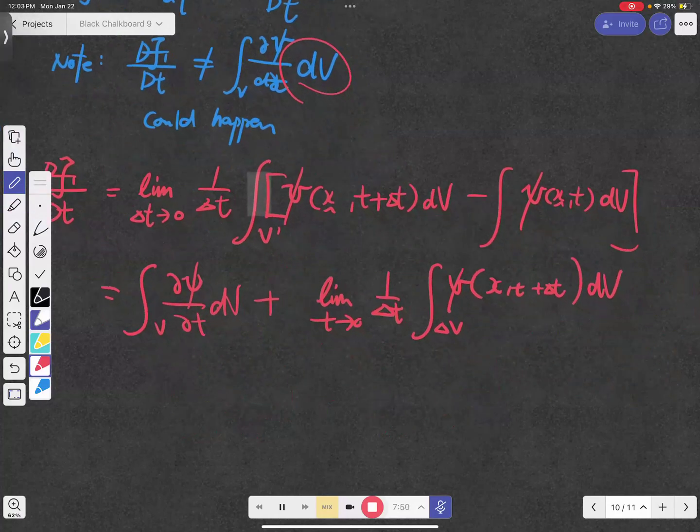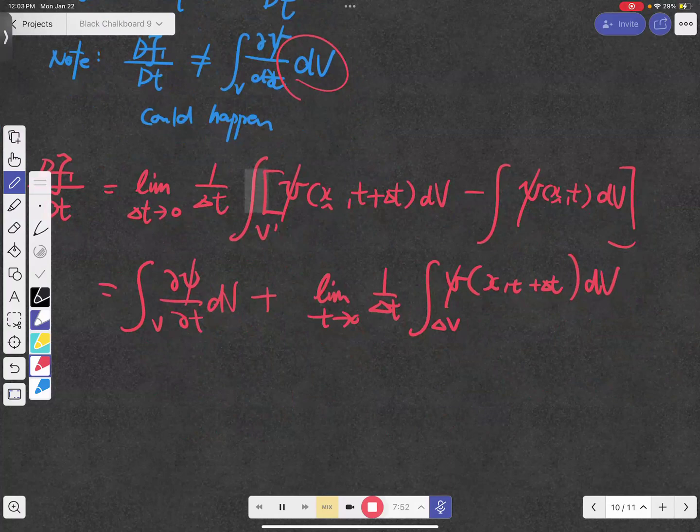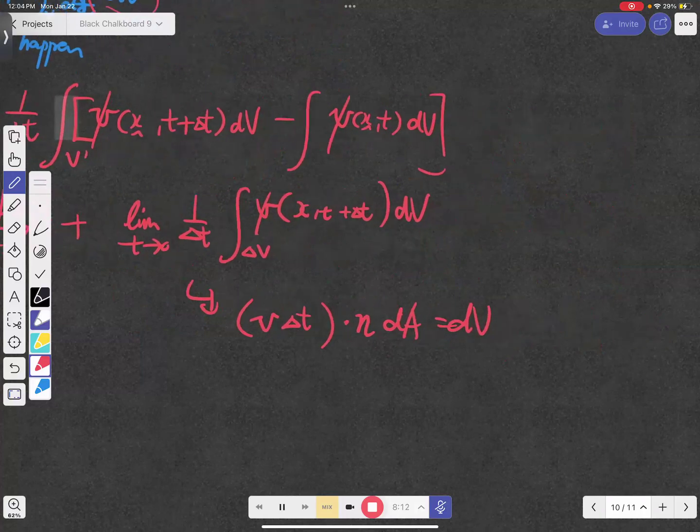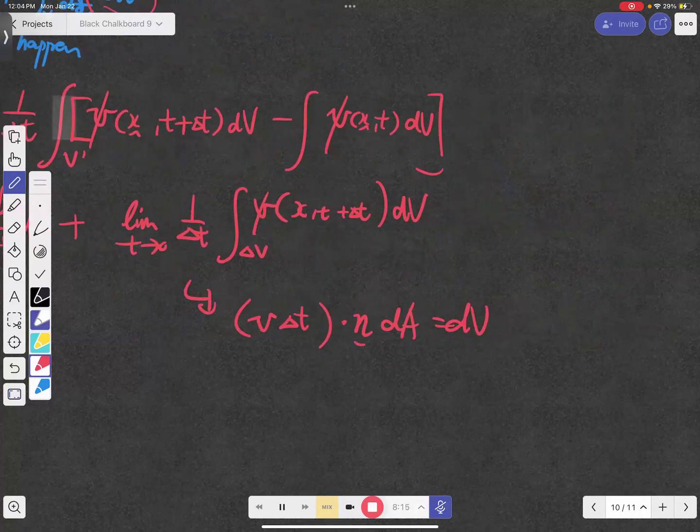It will be the change in the t term, and then if I apply the divergence theorem, this term will give us velocity times delta t dot n times dA equals dV. So what is n? n is the normal vector. I have a volume, and n is the vector pointing outward. That would be the n vector.